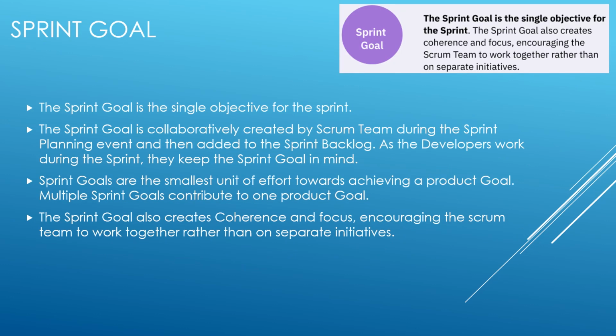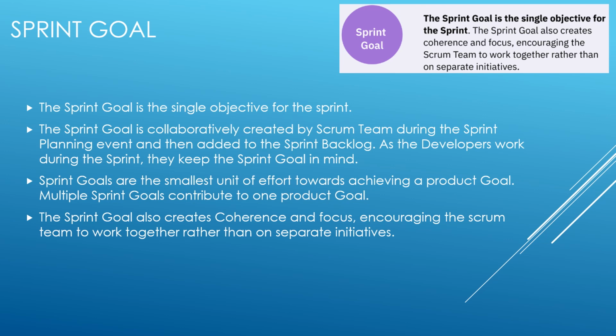Sprint goal. Sprint goal shows the desired outcome of an iteration that produces a shared goal to the team. Sprint goal is created during sprint planning event by the Scrum team. They then add it to the sprint backlog. As the developers work during the sprint, they keep the sprint goal in mind.